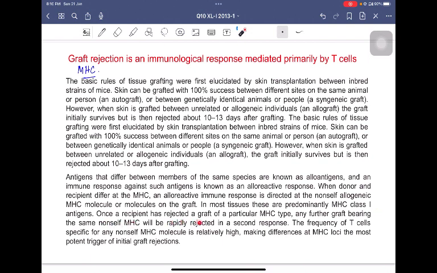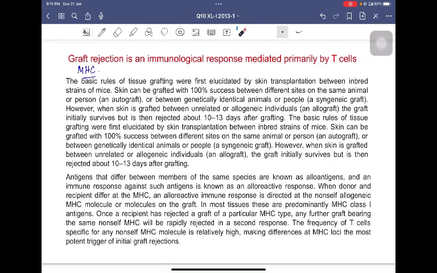Once the recipient has rejected a graft of a particular MHC type, any further graft bearing the same non-self MHC molecule will be rapidly rejected in a second response. The frequency of T cells specific for any non-self MHC molecule is relatively high, making differences at MHC loci the most potent trigger of initial graft rejections.